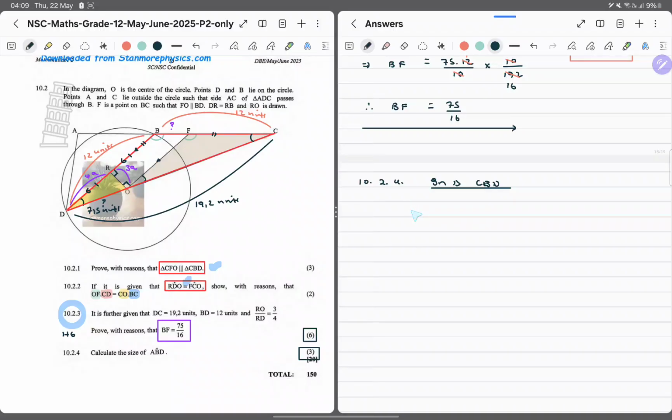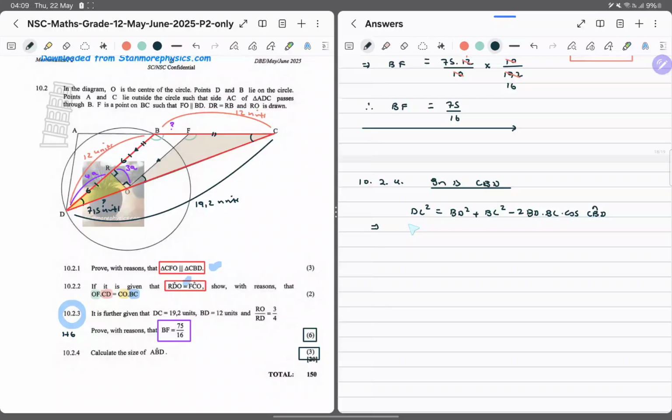So what do we know? We understand that DC squared is equal to BD squared plus BC squared minus 2 times BD times BC times cos of angle CBD. Right, that's the cosine rule.